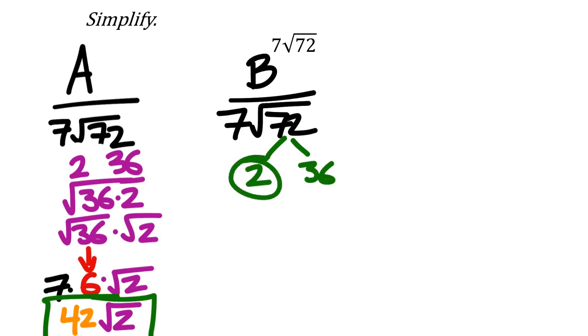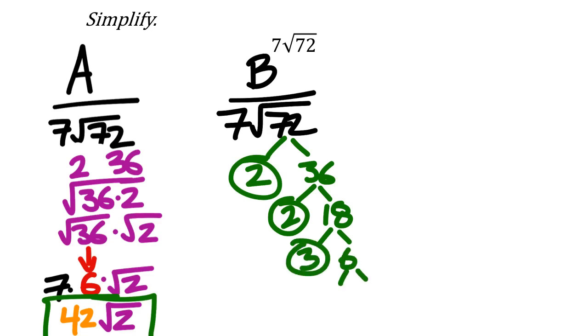Now, some of you guys notice the 36 there in green, which is a perfect square, and if you notice that, you could just take the square root of it right now. But let's say we didn't. 36 is also divisible by 2. 2 times, let's see, 18. So 18 splits up, let's say, into 3 and 6. And then 6 breaks up into 3 and 2.